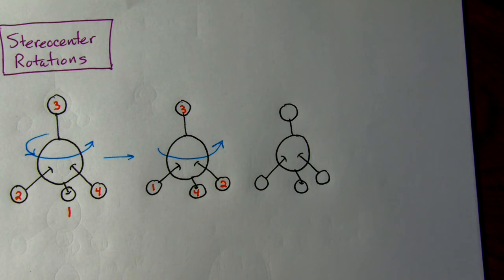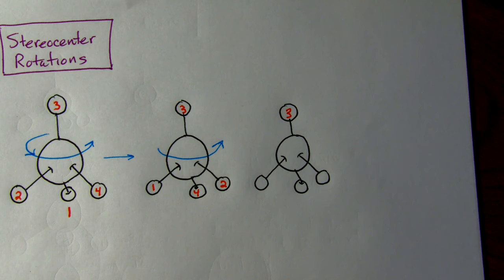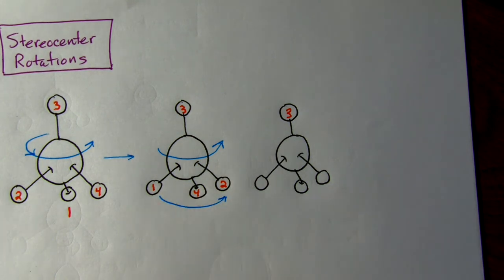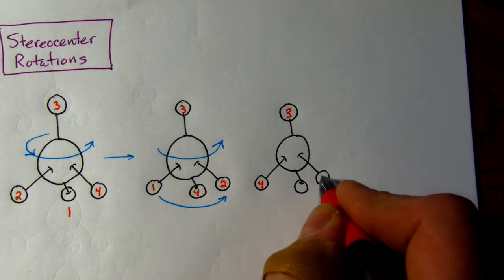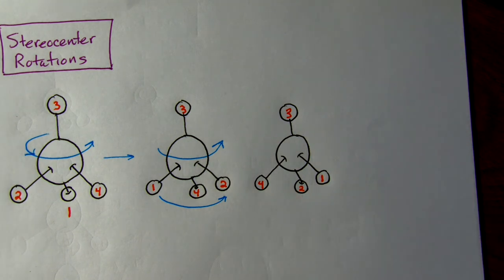Okay, so 3 is on top. And this time the 1 would come out and sweep in front. And you could even draw that if you want, right? Hopefully you can visualize that that 1 would sweep over there, 2 would go to the back, 4 would come to the front. So 4 goes there, 1 here in the front, and then 2 is now in the back.